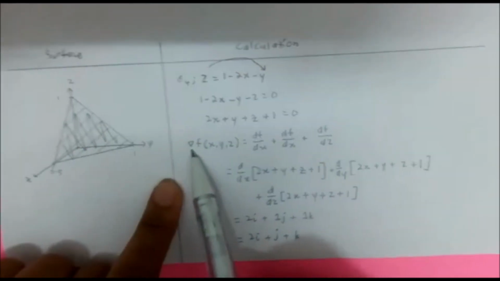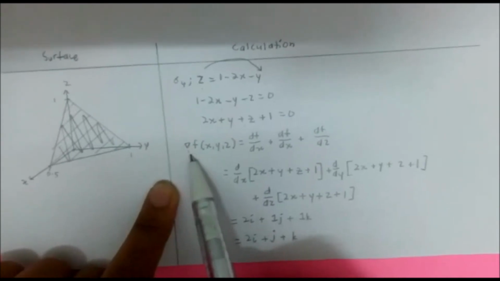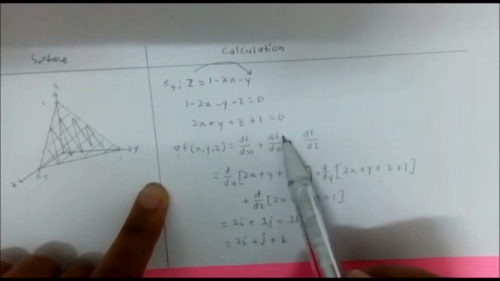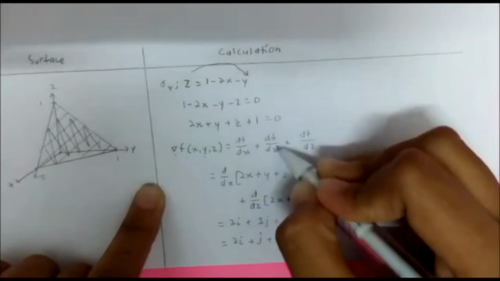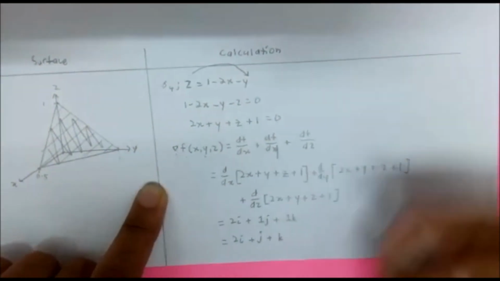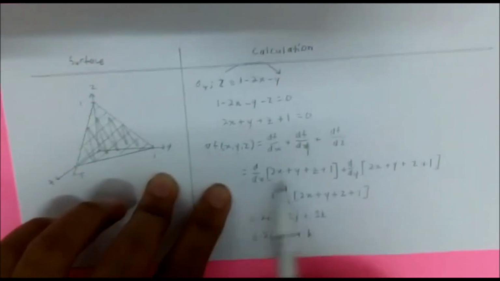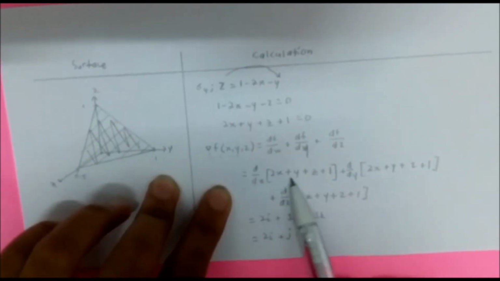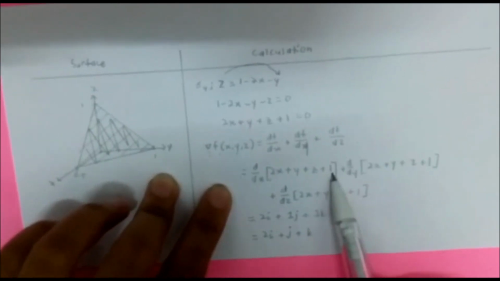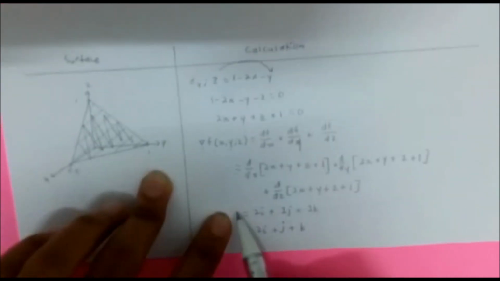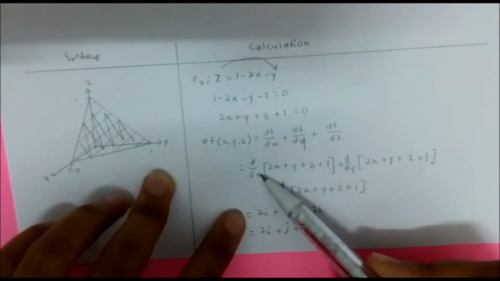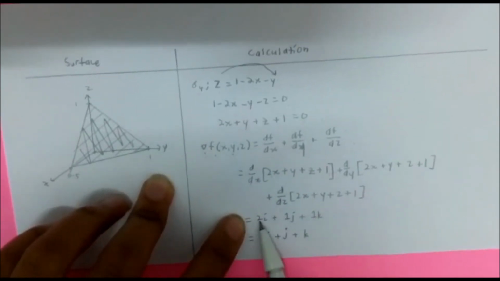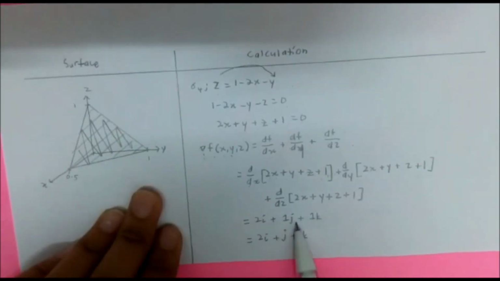And after that, we find the gradient of f(x,y,z), which is df/dx i plus df/dy j plus df/dz k, and we know that our f is 2x plus y plus z minus 1. So after differentiating, we got 2i plus j plus k.